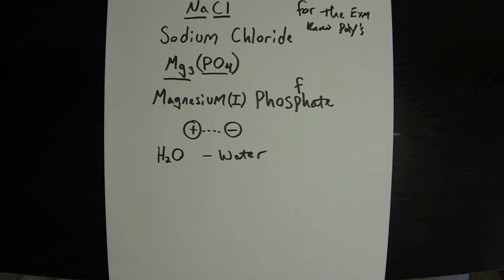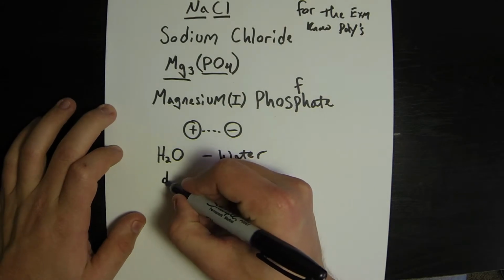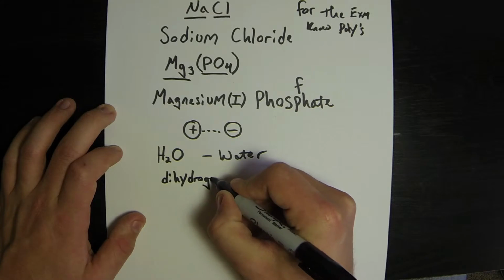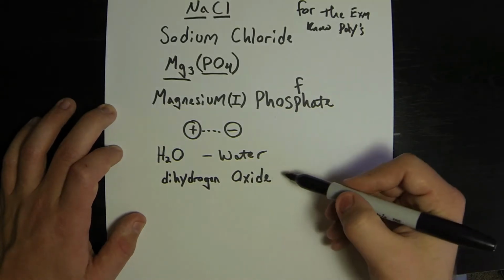Since this is a nonmetal bonded to a nonmetal, we have to take into consideration adding the prefixes like di, tri, tetra, those types of things. So what we would end up doing is we would say this is dihydrogen oxide.